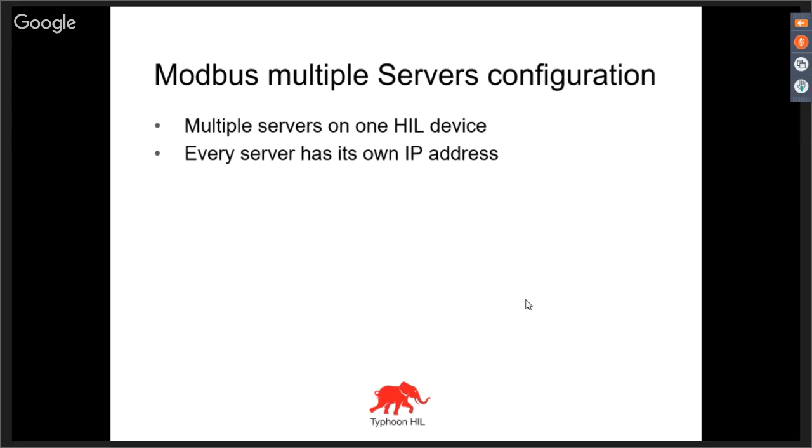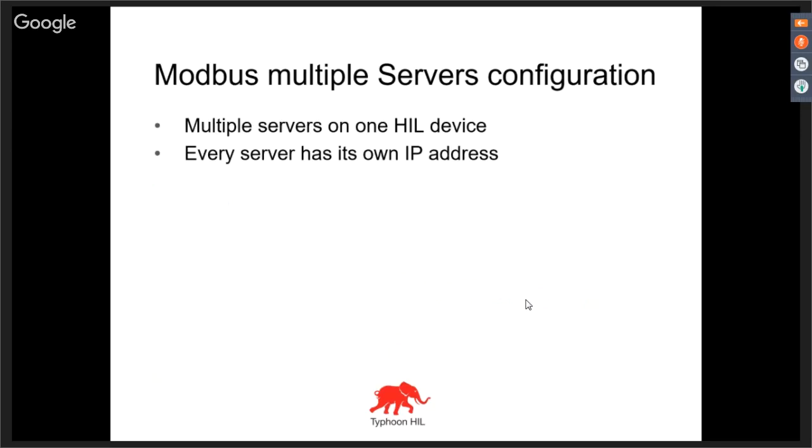So again, it's only one hardware device, but with multiple IP addresses. So looking from the outside, it looks like they're working with a number of devices, but all it's one device. And how it looks like, you can see it here.